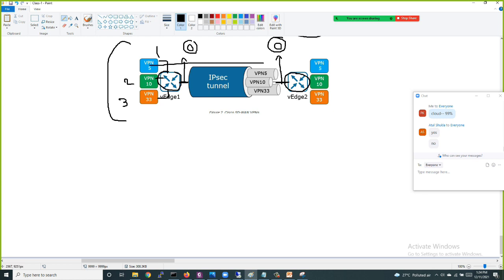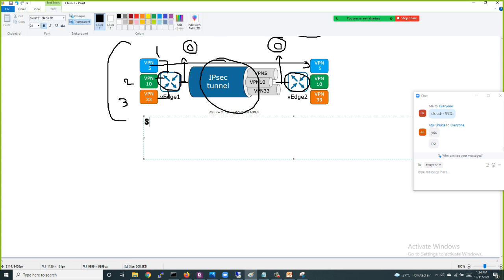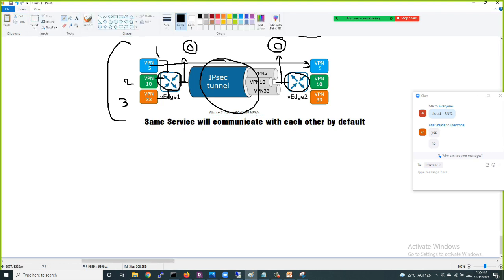Traffic will be passed from the WAN network to the other VH. From VPN 10 to VPN 10, VPN 33 to VPN 33. So the same service VPNs will communicate with each other by default, right? If you ask me, Piyush, whether VPN 5 will communicate with VPN 10, no.